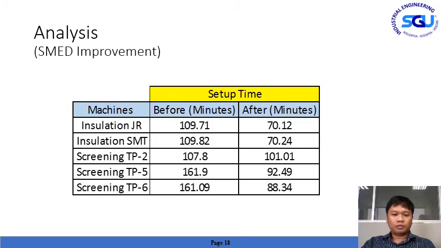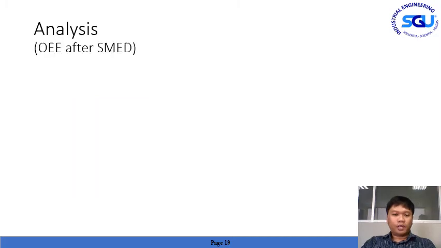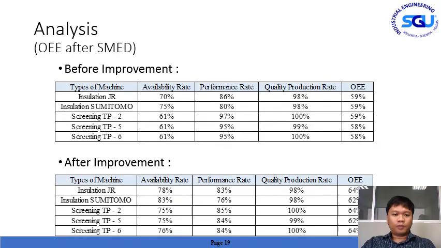This table shows the SMED improvement by reducing the setup time. You can see the left table showing the before and the right table showing the after implementation of SMED. Next, the OEE before and after the improvement using SMED.